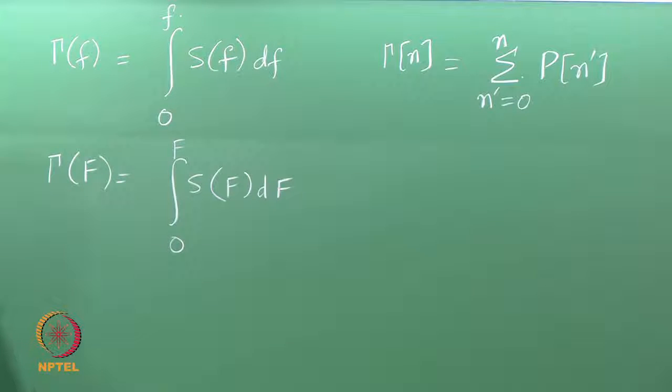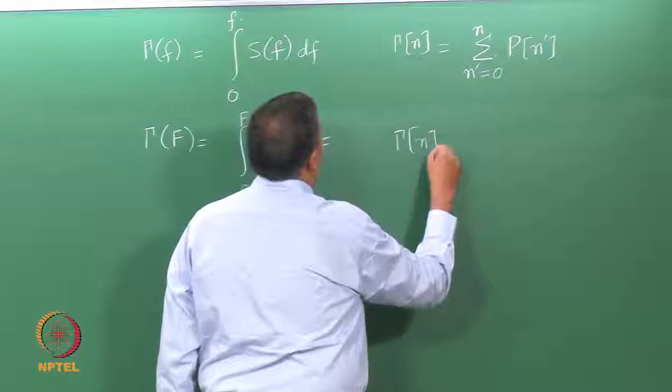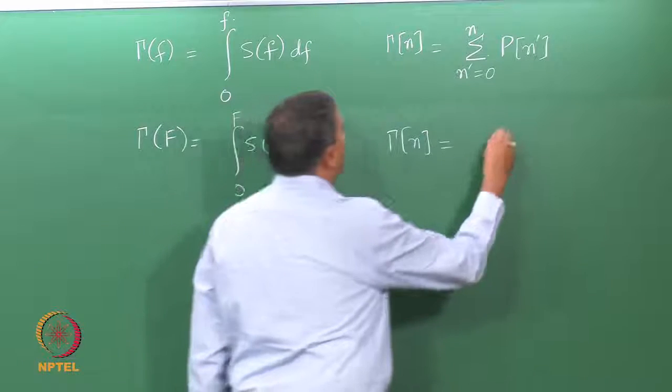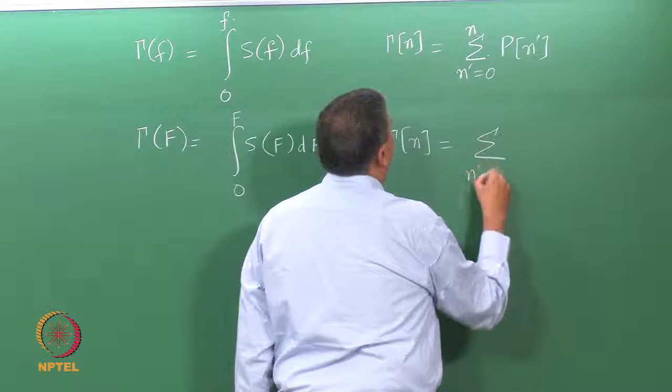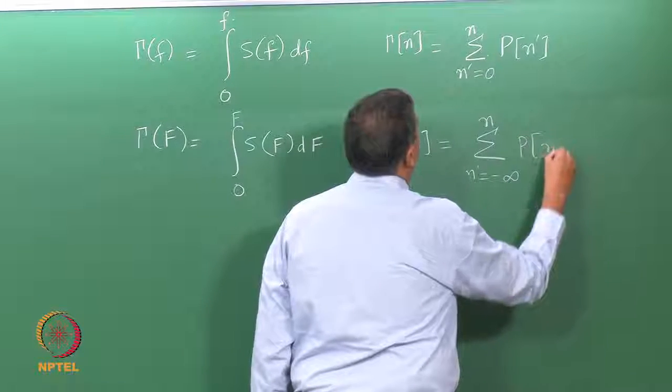So, I am going to add up the power spectral density cumulatively up to the nth frequency. And likewise, one can derive the expression for the continuous time periodic case as well. The only difference being here now that n prime runs from minus infinity to n, once again I have p of n prime.